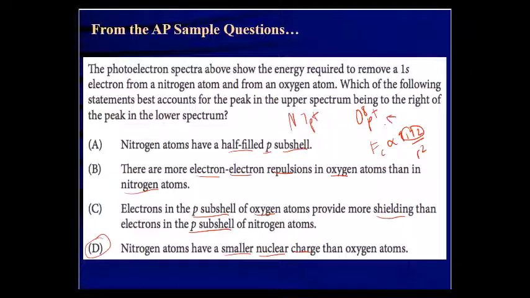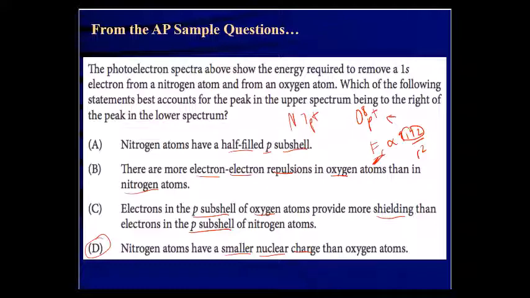The 8 protons gives it a higher magnitude of charge, so that means we get a stronger force for our oxygen. The smaller charge on the nitrogen, being 7 protons, means less attractive force, less amount of positives in there. So that's why that binding energy was lower.